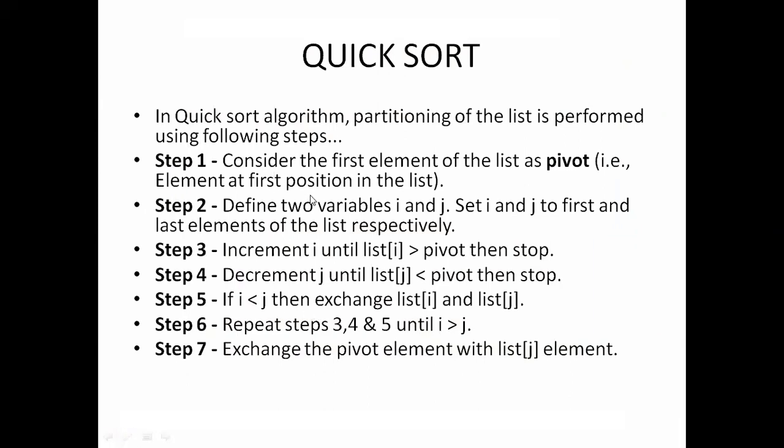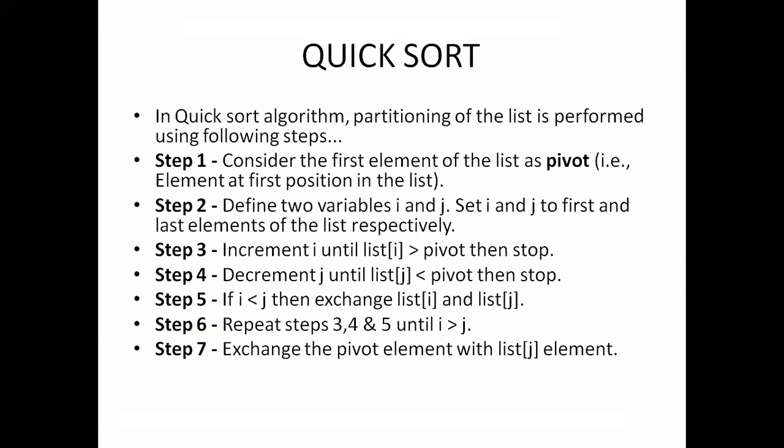First, choose the pivot element. The pivot element may be the middle element, the first element, or any element in the array. Next, you take the i value and j value. If you take the first element as the pivot, then the next element is i and the last element is j.